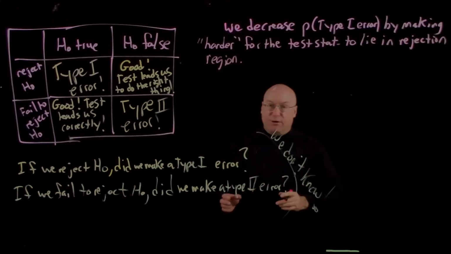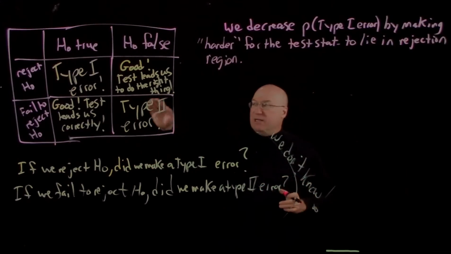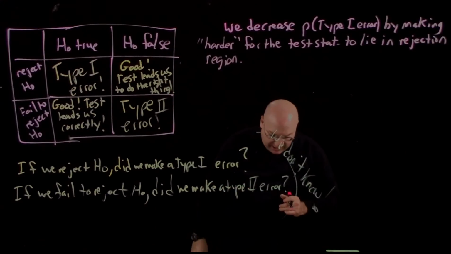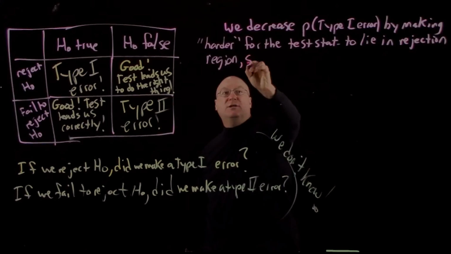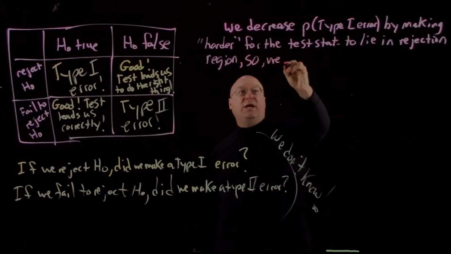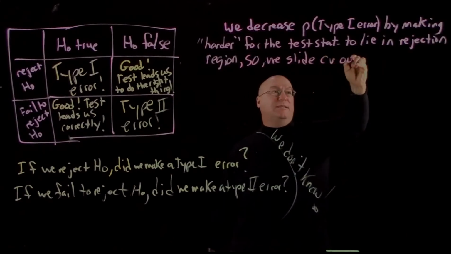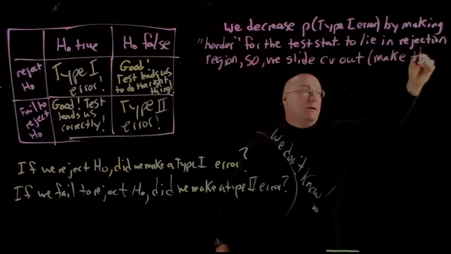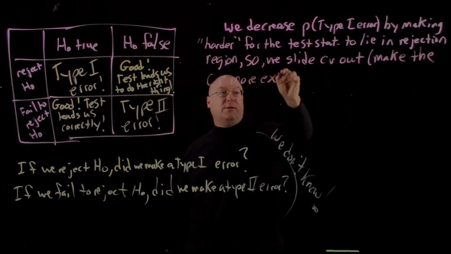If I make it difficult for the test statistic to make it all the way over to the rejection region, then I'm not so likely to reject H naught. I'm not so likely to get a type 1 error. And so in other words, we slide the critical value out. In other words, make the critical value more extreme.